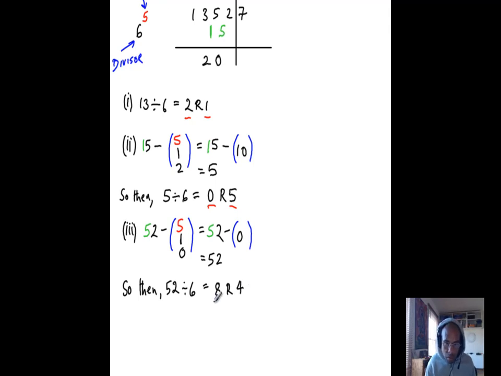Okay, so we've got a quotient of 8 and a remainder of 4. Drop the 8 under the 2, carry the 4 over to the other side, prepend it to the 7. At this stage, I'm just going to put the decimal point in here, right there. Stage 4.